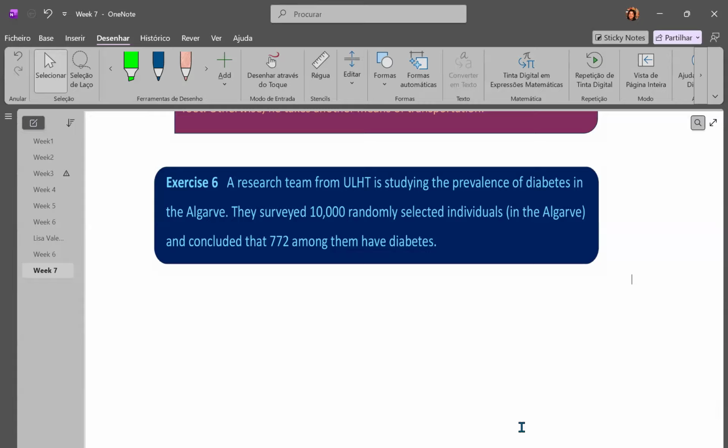Where do you want to signal the success? If one of these people that we are surveying has diabetes, or if they do not have diabetes, what is your choice? If they do have. No, let's make it they don't. Sounds better, but we can do it both.